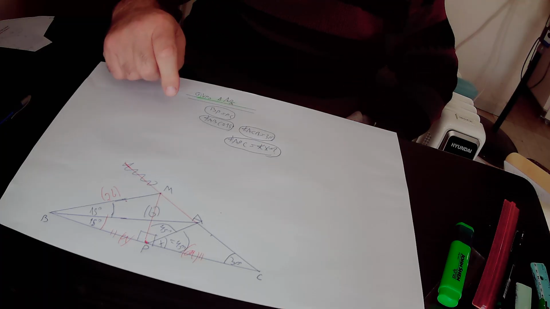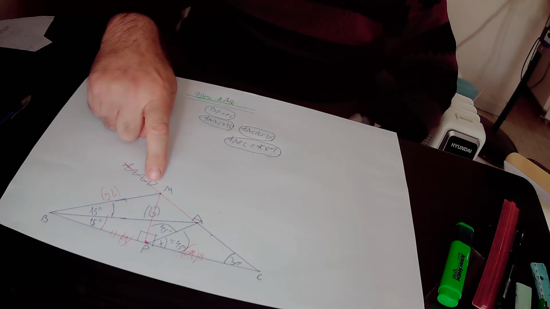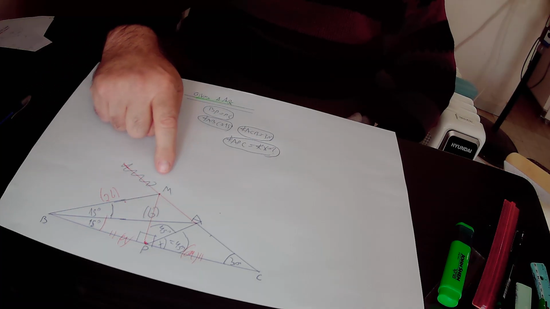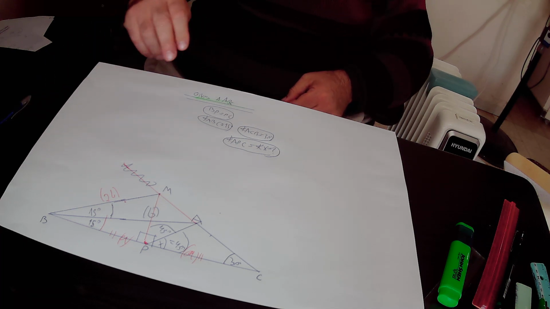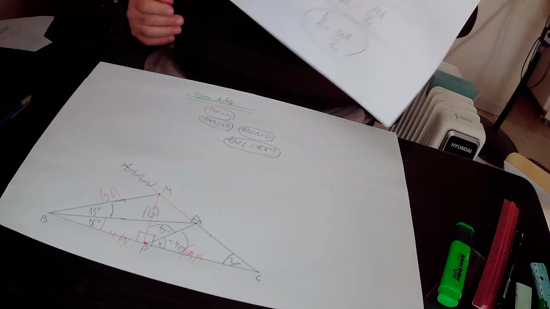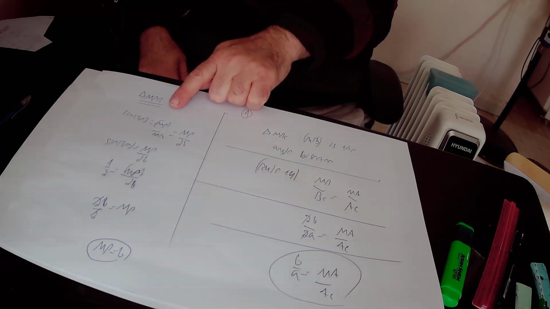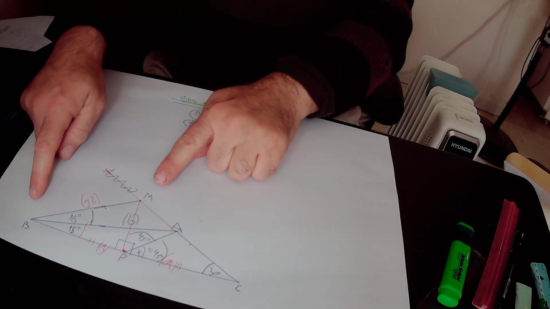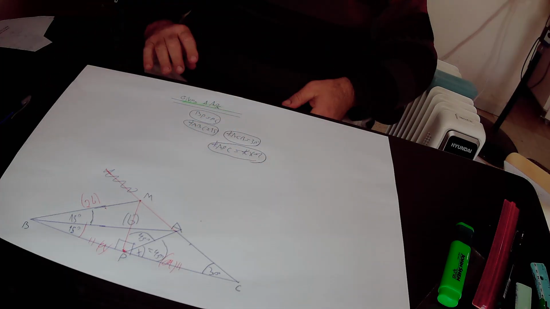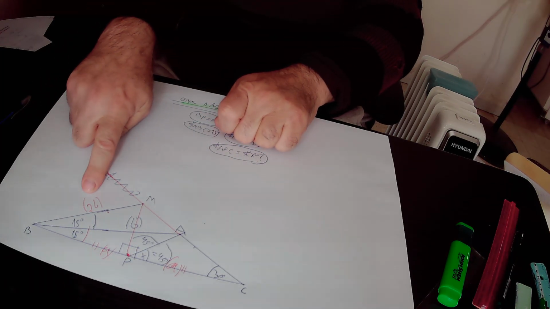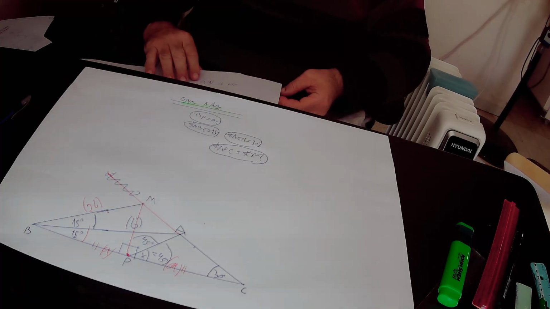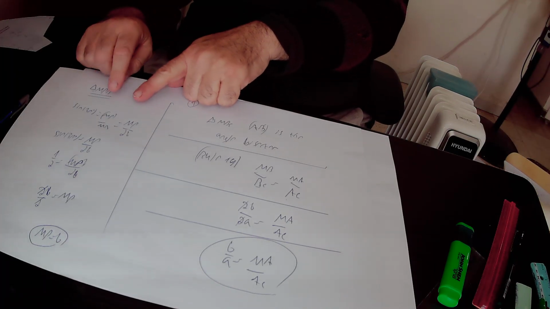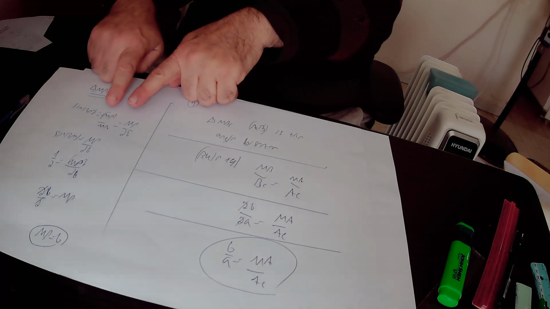So we have here the right triangle MPB. In this right triangle MPB, sine of 30 degrees equals MP over MB. We define the length of the hypotenuse MB as 2b. So sine of 30 degrees equals MP over MB.